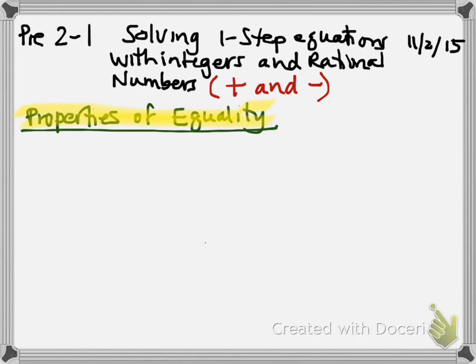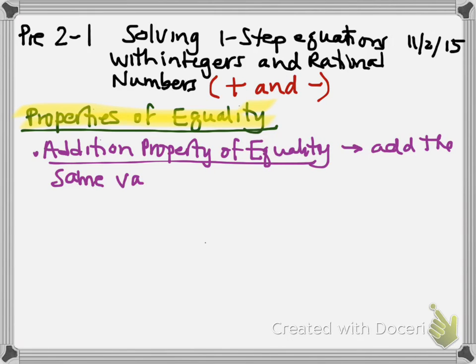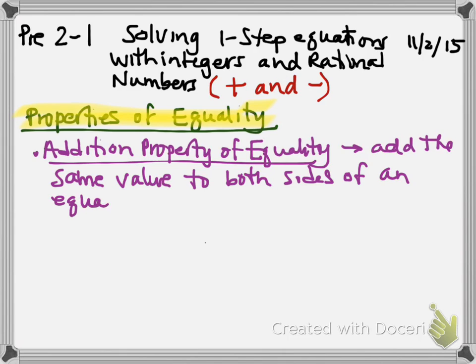So the key properties we're going to be working with today are going to be the addition property of equality, and the addition property of equality states this: add the same value to both sides of an equation.